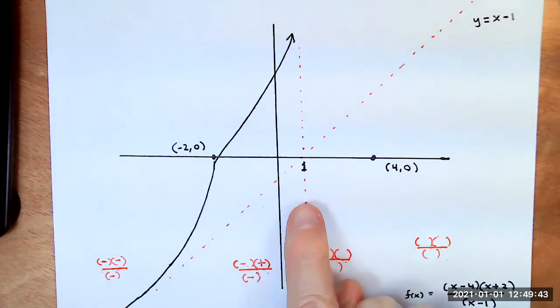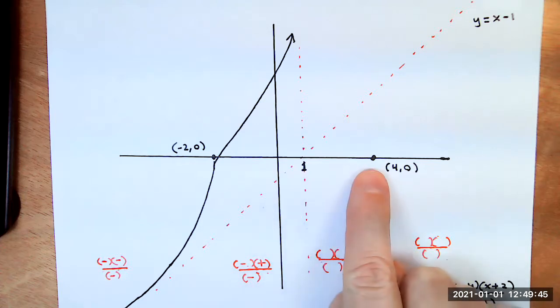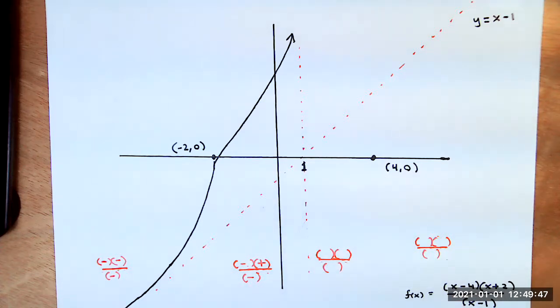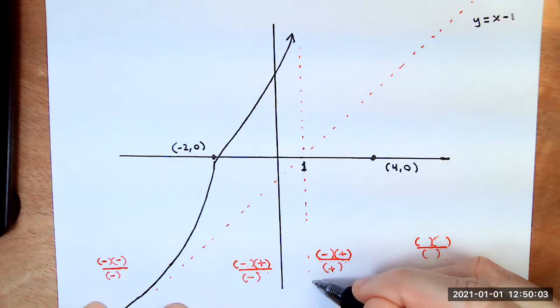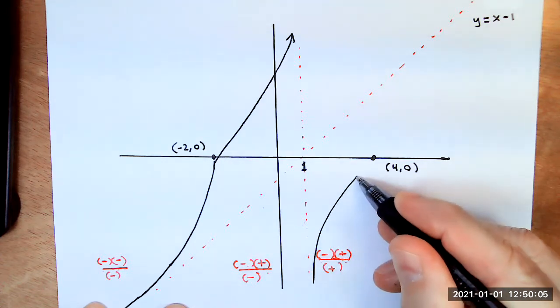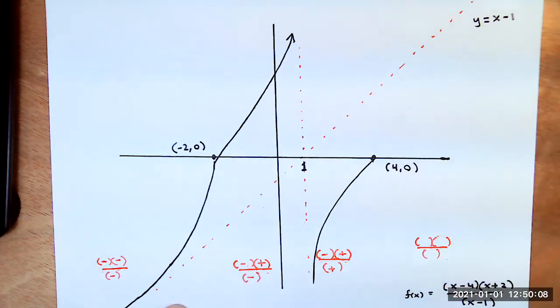All right, let's check the numbers between 1 and 4, like positive 3. If we put positive 3 in here, this will be negative, this will be positive, and this will be positive. So the whole thing's negative. So I have a vertical asymptote, and then it goes to our x-intercept.